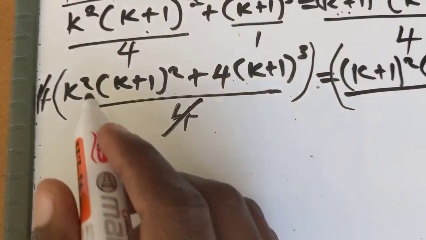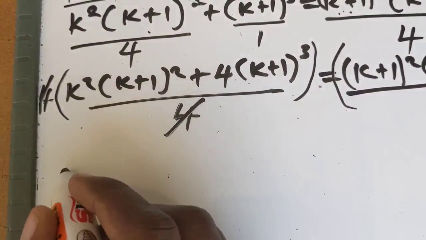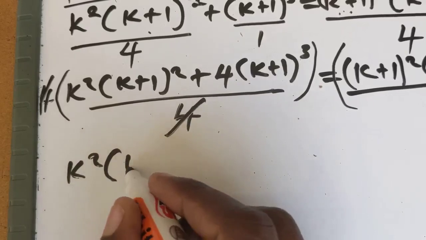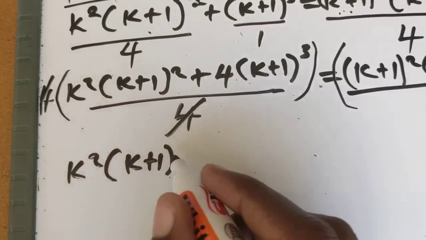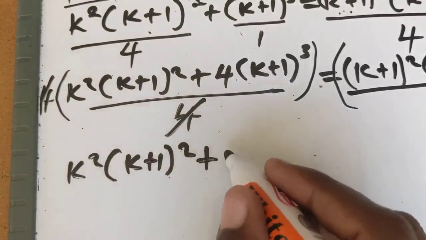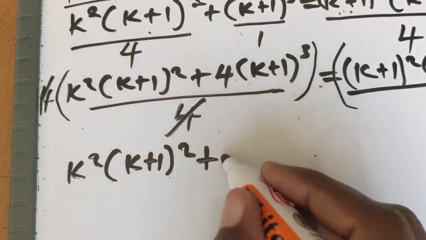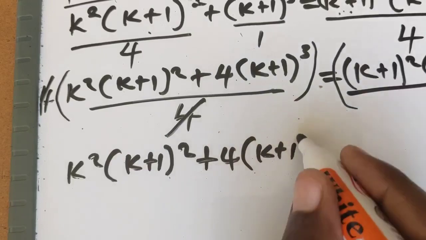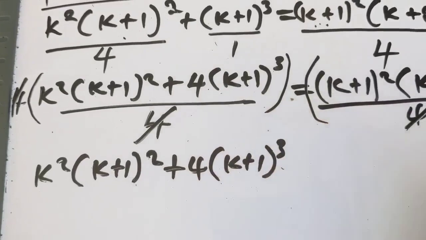So meaning here we are going to have k squared, that is k plus 1, to the power 2, plus 4, open bracket, k plus 1 to the power 3, like that.